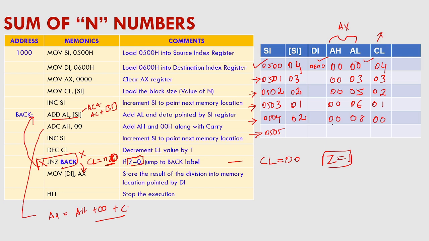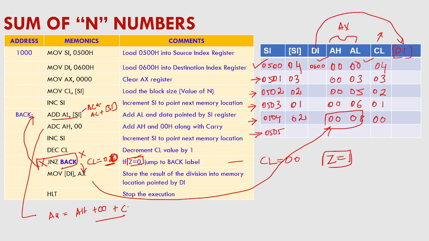What is the current value of AX? The current value of AX is 0008. That goes to the DI address. What is the DI address? 0600.